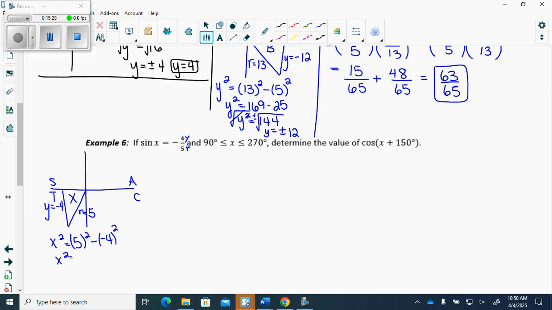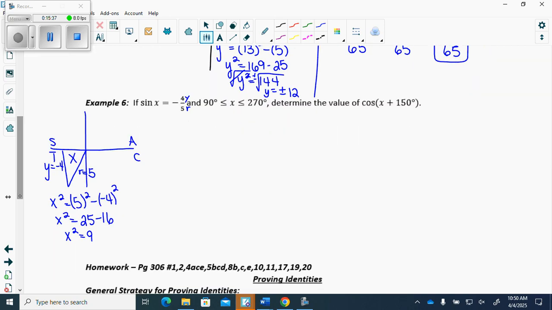X squared equals 25 minus 16. X squared equals 9. X equals plus or minus 3. And it has to be -3 because we drew the triangle. See why drawing the triangle is so important every single time?